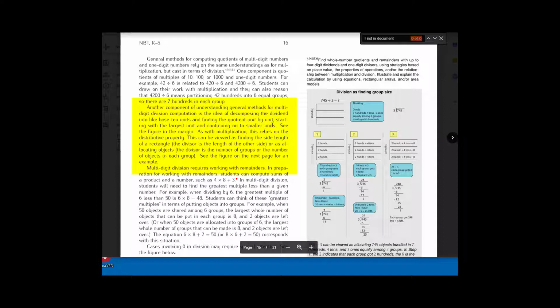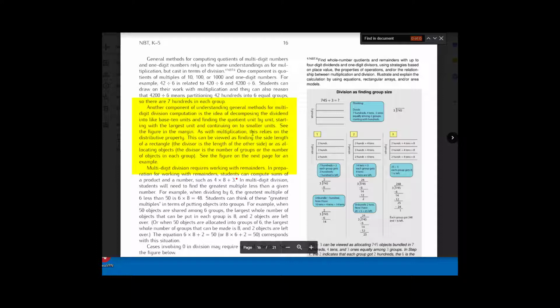And this is what we saw in the video, where they would take something like 745 and break it down into 7 100s, 4 10s, and 5 1s. The students were given 3 groups, and they would see that they could put 200s into each one of the groups, and that last 100 would have to be decomposed into 10 10s. Okay, and that's what they did here.